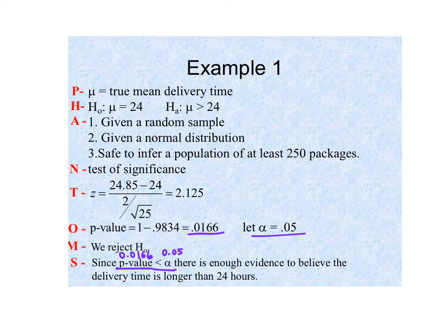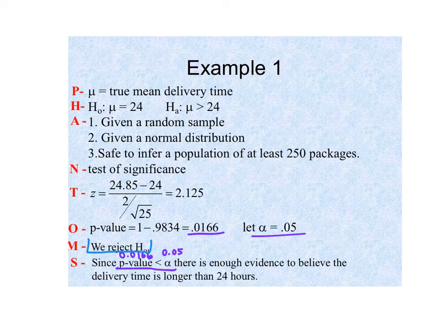It's less than, right? So if it's less than, then we're going to reject the original hypothesis. So why are we rejecting it? Because our p-value is less than alpha.